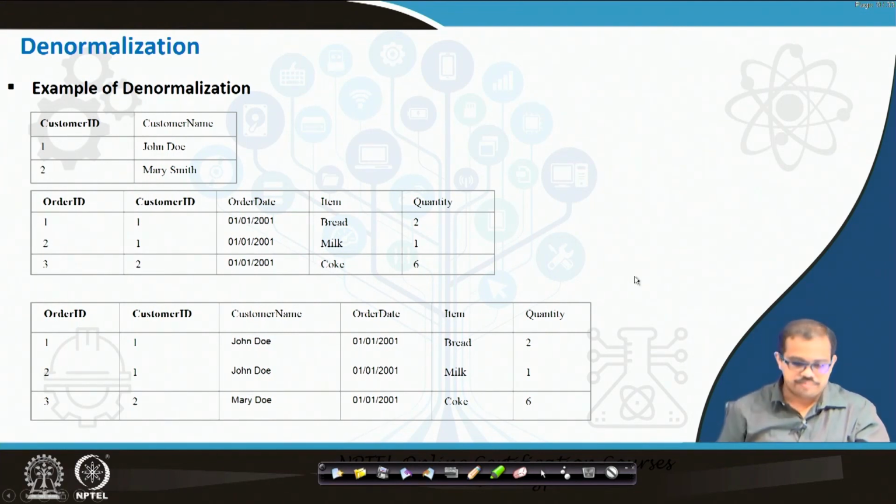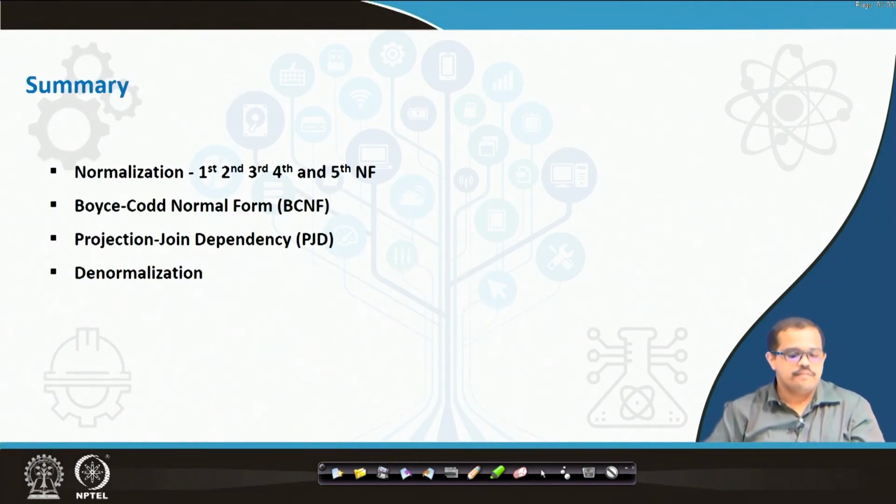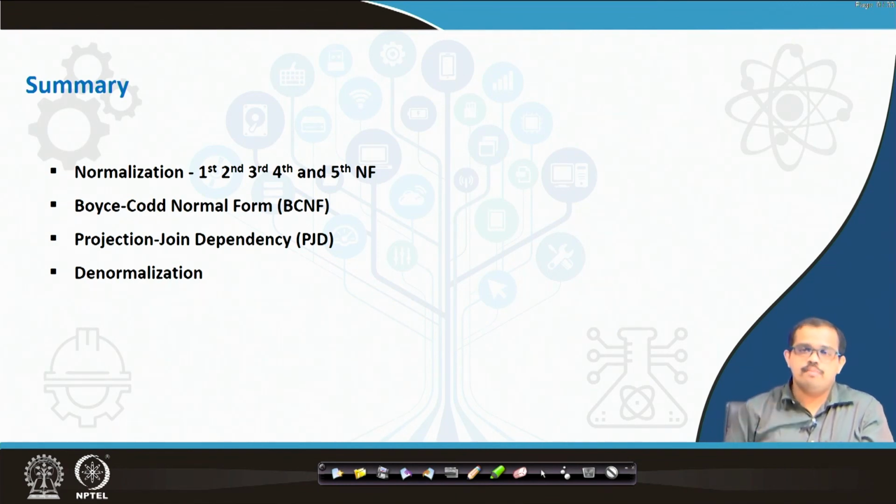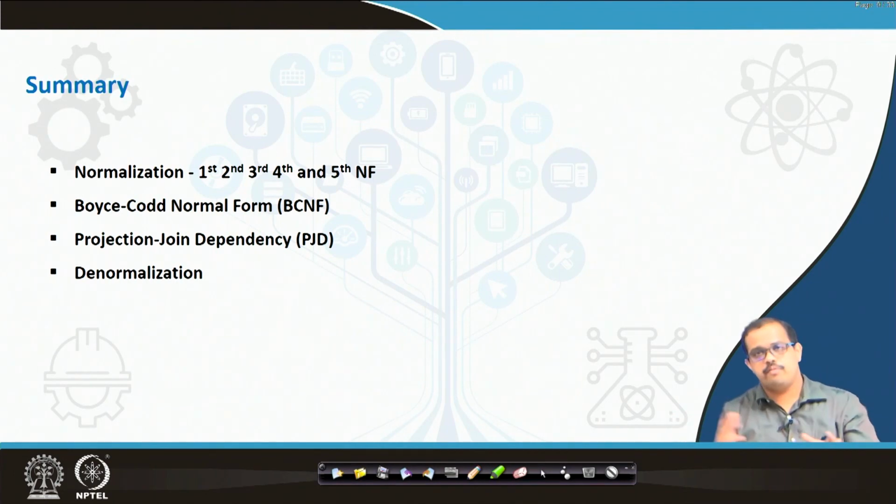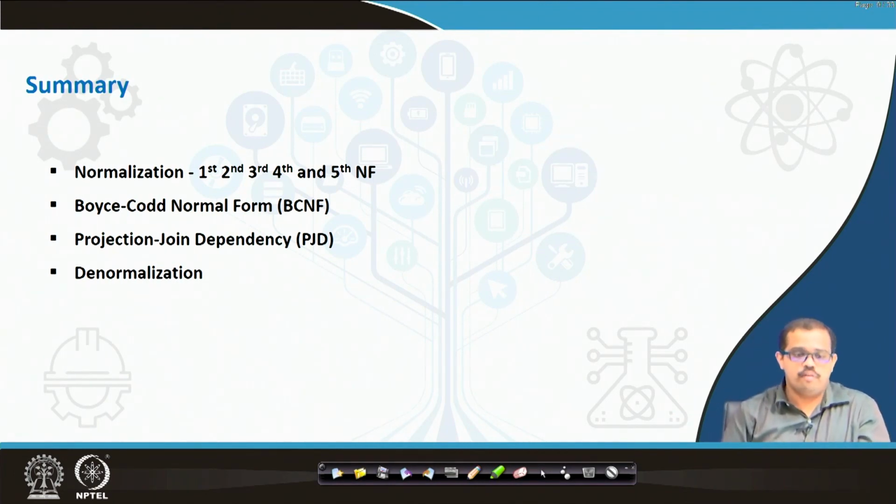In summary, we looked at the normalization forms, the first, second, third, fourth, and I did not explain the fifth normal form, but I just gave you a brief overview of it. Then we looked at Boyce-Codd normal form for the third normal form aspect. Please look at the projection join dependency.